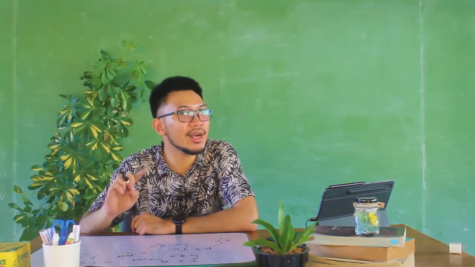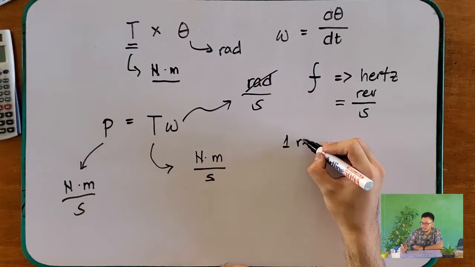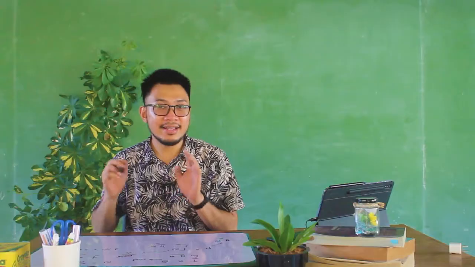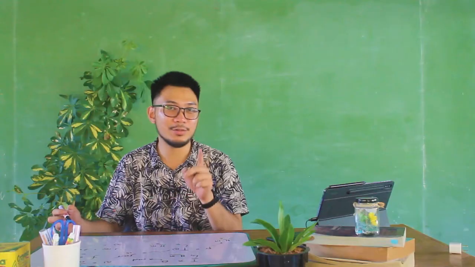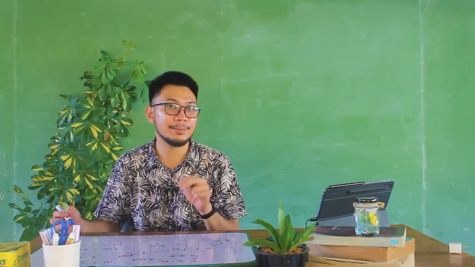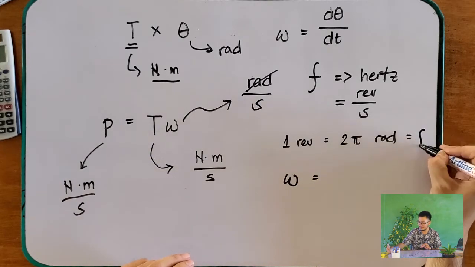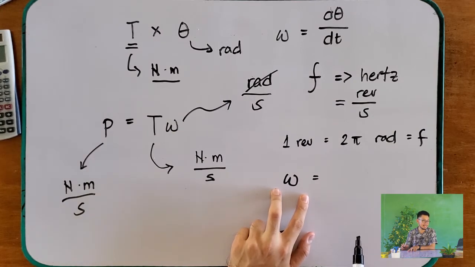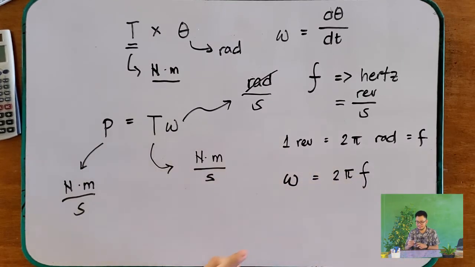And now, since one revolution, pila man ka radians ang one revolution, di ba one revolution is equal to 2 pi radian. Therefore, your omega right here, ang atong omega is your angular velocity per time. So kung ang imong revolution is 2 pi rad and this is equal to F, then you can express your angular velocity as 2 pi multiplied by the frequency.